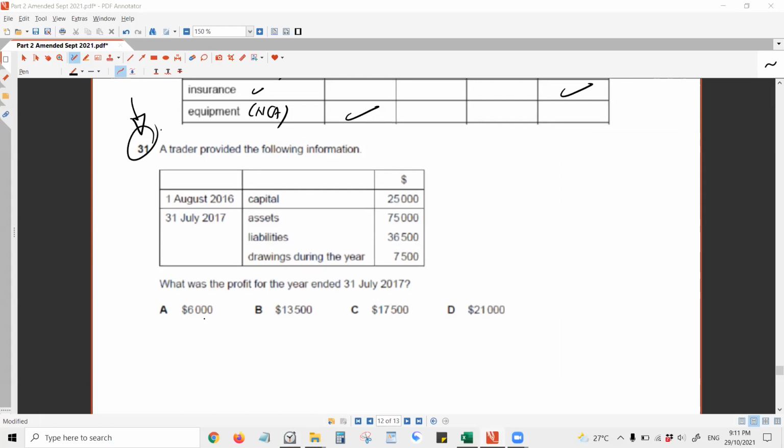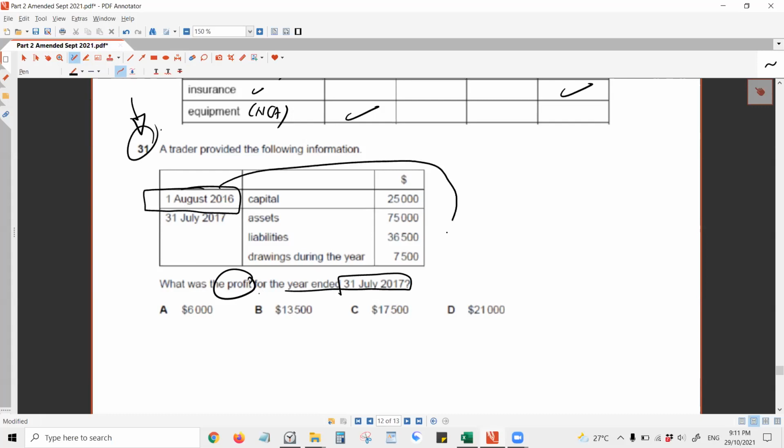Okay, so let's see how to solve it. Maybe Naima is still doing it, but you see how I solve it now. It's asking you to find profit for the year. And this is the year end. They say this is the year end. So what day is this? 1st August 2016, what day is that?